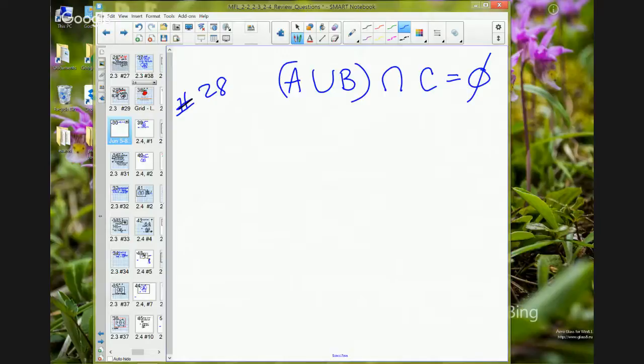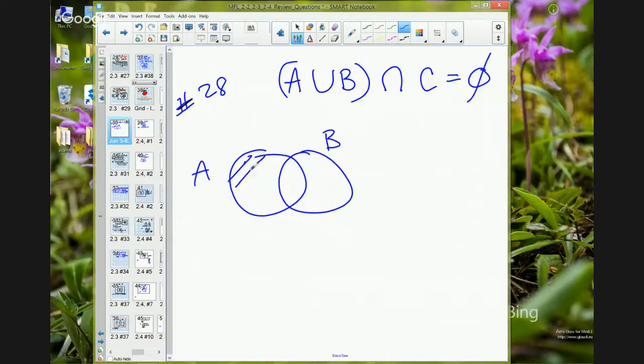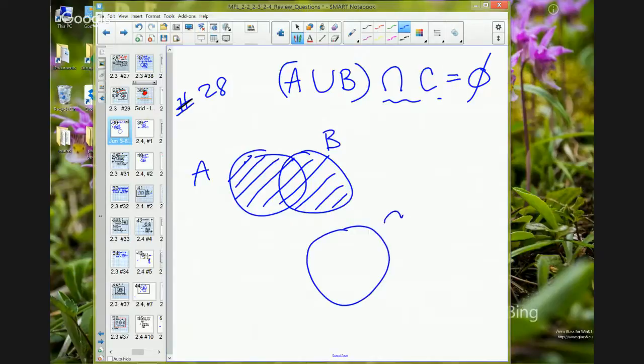So we got to do an A union B. I'm going to just start by drawing A, B, and A union B is just everything, all of it, right? Now, how can I have that shaded part basically not cross set C? Isn't that what that says? It crosses C in nothing. So doesn't that mean we just stick C on the outside?